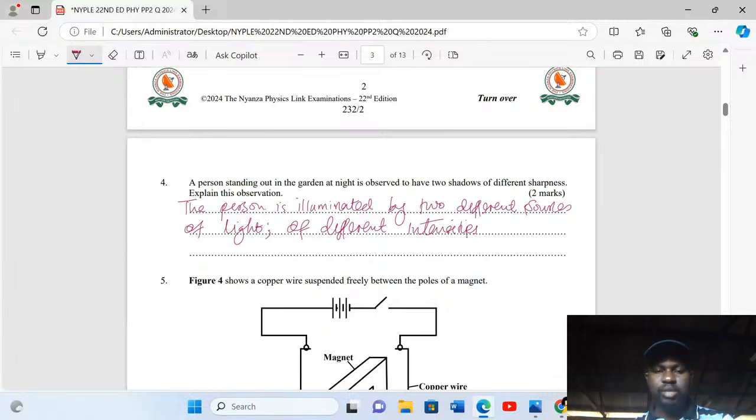So the first thing is you mention that we have different sources of light. Then you support your argument. What is the difference between the first source and the second source? And then you can give it in terms of brightness.